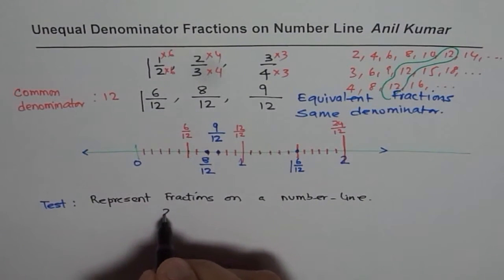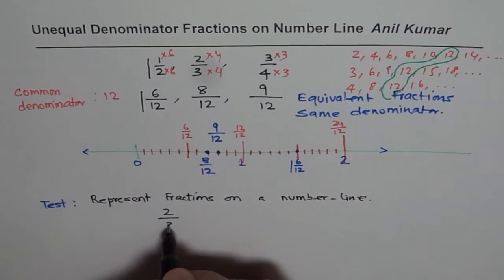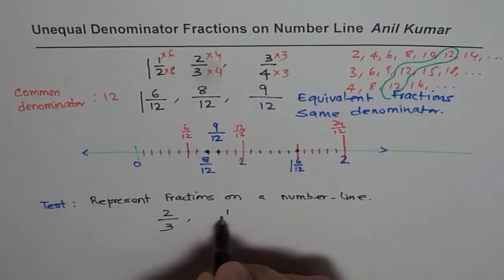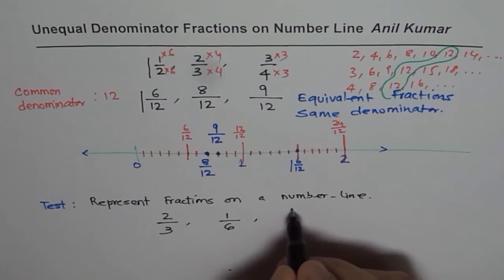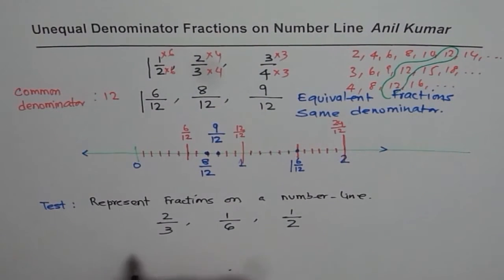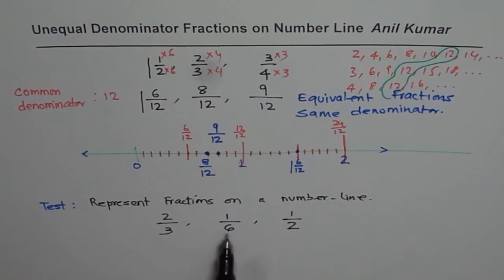Let us say we have 2 out of 3, 1 out of 6, and half. So these are your three different fractions. Now you need to represent them on a number line.